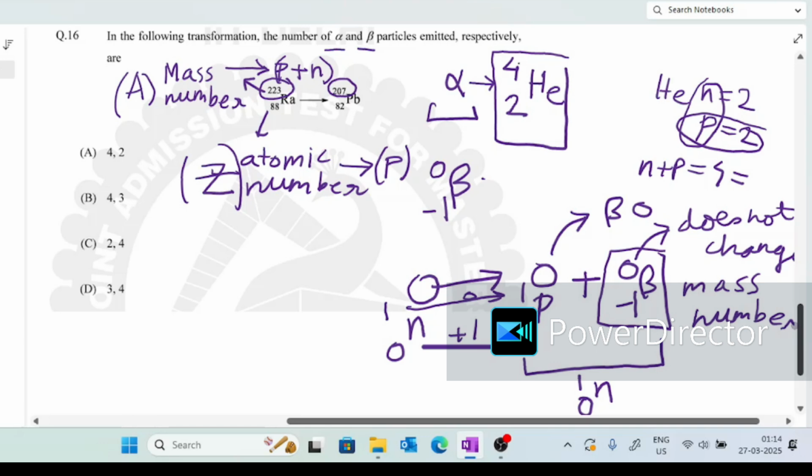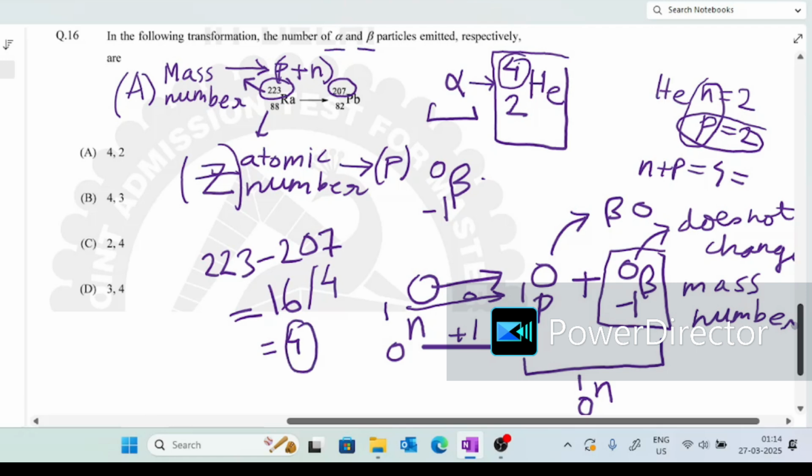An alpha particle changes the mass number by 4. Here the change is 223 to 207, which is 16. So it changes by 16, and for each alpha particle it changes by 4. To find the number of alpha particles, we divide by 4 and get 4. So there are 4 alpha particles.